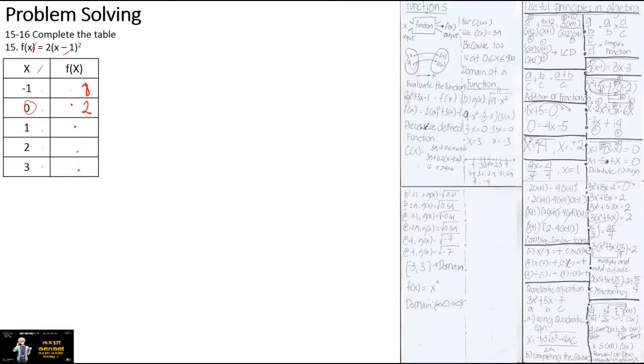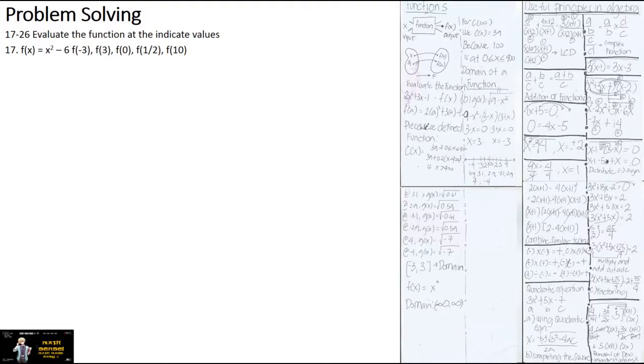Pag sinubstitute mo naman to, ang lalabas sa dito ay 0. Pag sinubstitute mo naman to, ang lalabas dito ay 2. At pag ito naman ay 8. Okay. Direct substitution lang yung x dito, guys. Kayang-kaya. Okay?